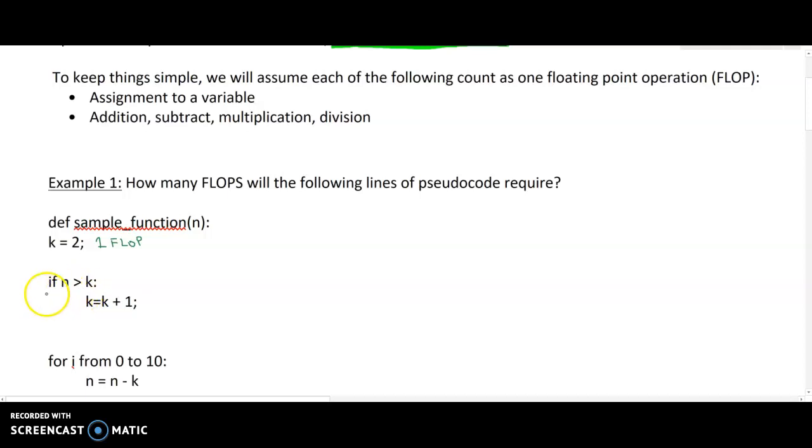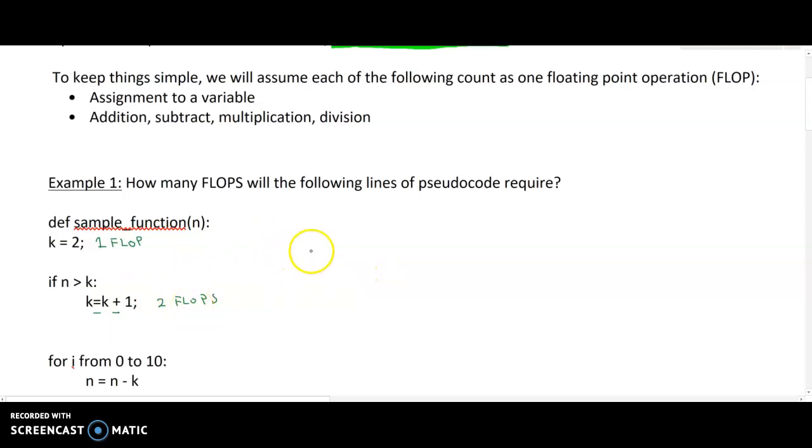So suppose that the condition is satisfied, that n is in fact bigger than our k value, then something's going to happen, and that requires some time. Here we have an addition and an assignment. That counts as two total flops, once for the addition and once for the assignment.